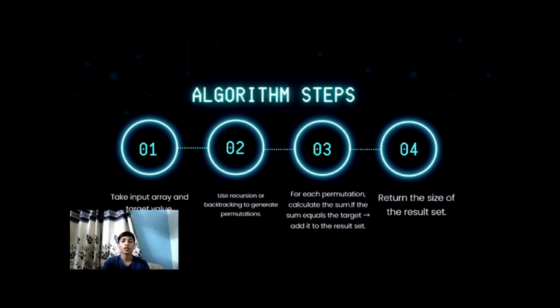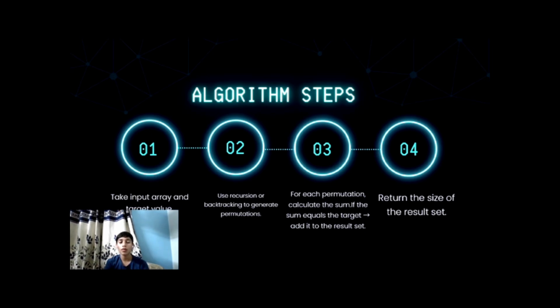Algorithm steps. There are 4 algorithm steps. Our first step is to take the input array and target value. Second step, use recursion or backtracking to generate permutations. Step 3, for each permutation, calculate the sum.